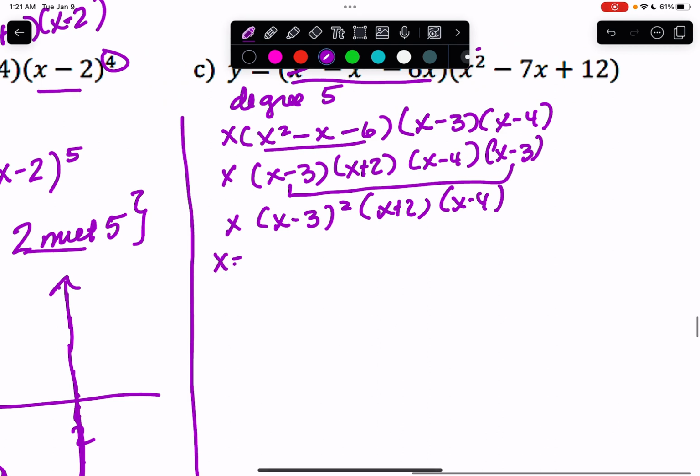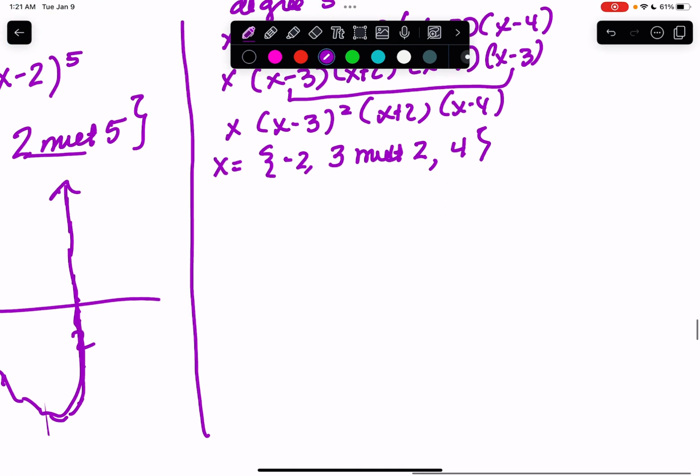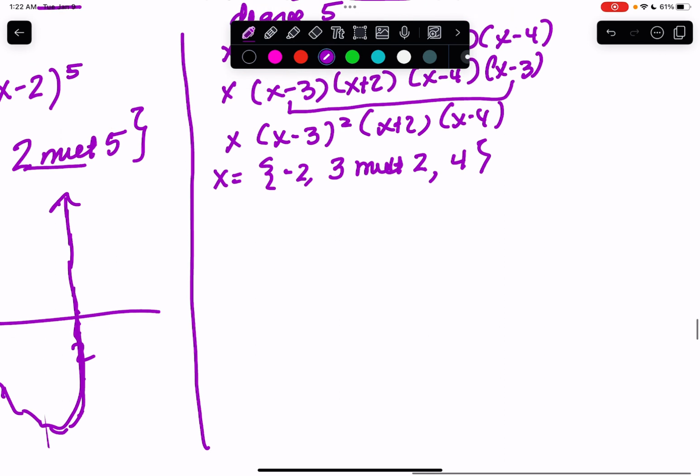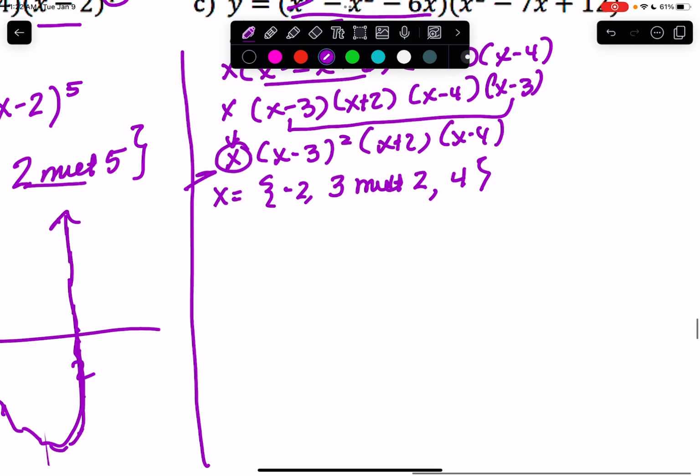So our zeros are -2, and then 3 with multiplicity 2, and 4. Okay, those are our zeros. And I think I forgot one. We have a 0 on the outside, because if you counted, I'm supposed to have 5, and I had 1, 2, 3, 4. So there's a 0 in here.